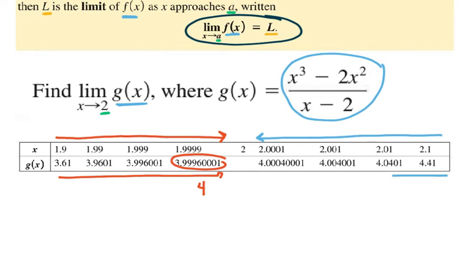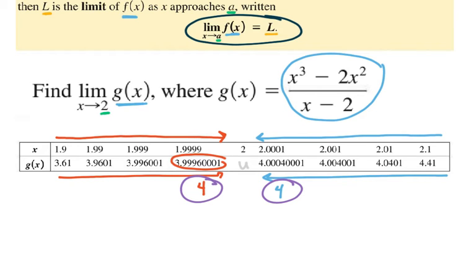So 4 on the left, as well as 4 on the right. So even though the function is undefined at x equals 2, we might surmise that the limit is 4. Now, that's not exactly the most perfect way to do it, but it is certainly one way, full of brute force, plug and chug.